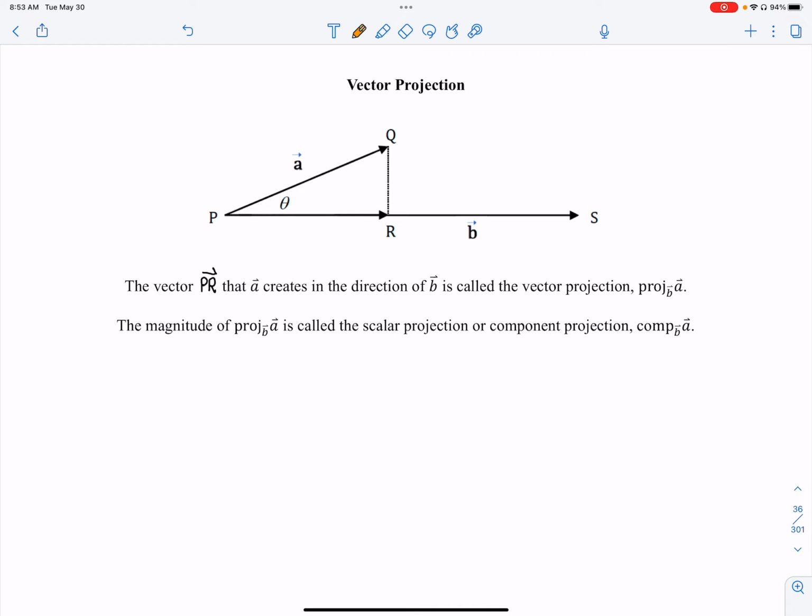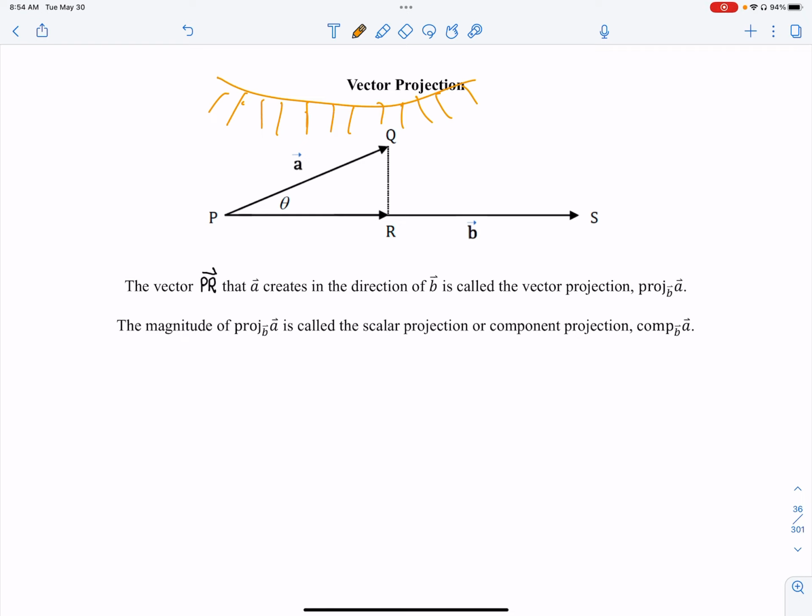What we're going to talk about is projecting this vector A here onto the vector B. What that means is it's like thinking about if there's a sun here shining down, right? My beautiful sun, so realistic, shining down, and it creates a shadow.